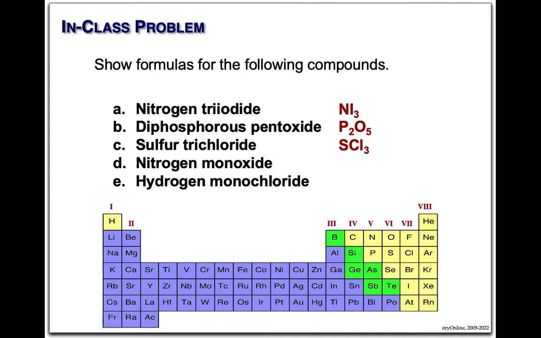Just say no. 1 hydrogen, 1 chlorine. When we get to chapter 8, we will learn that this is an acid. They have a separate set of rules. This is called hydrochloric acid.